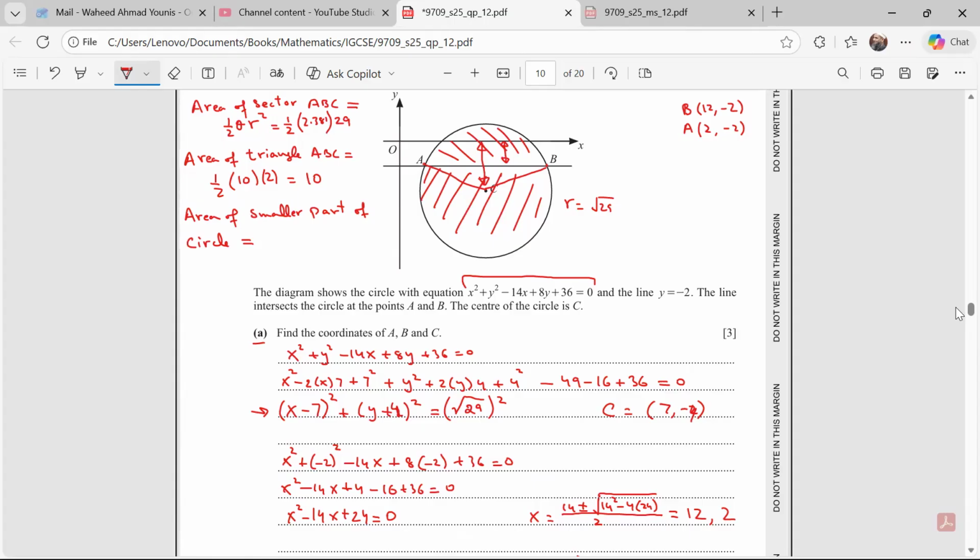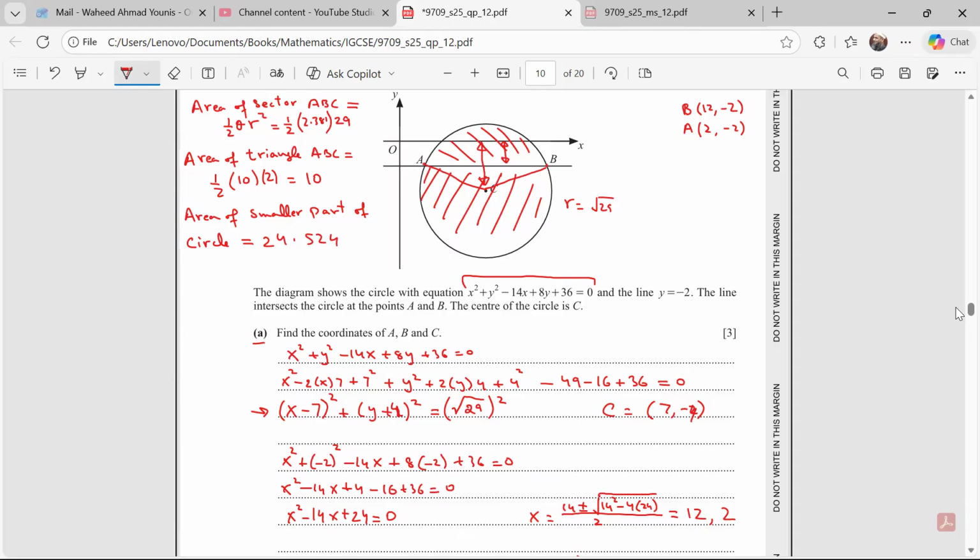It is 2.381 times 29 divided by 2. So this is the area, and minus 10, it will give me 24.524.